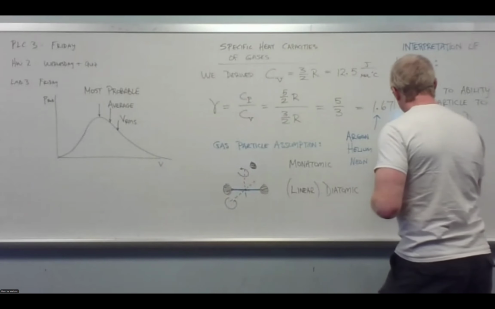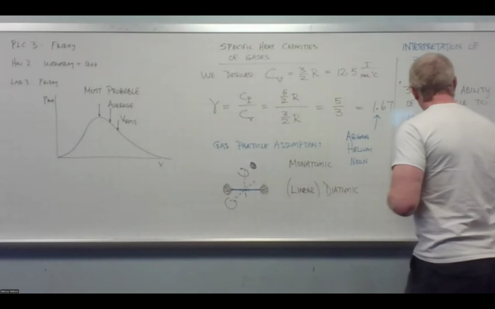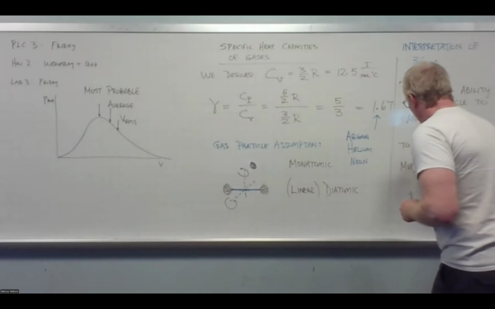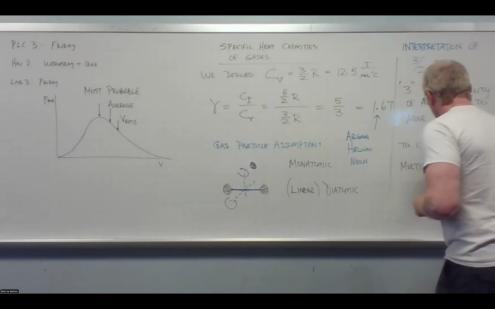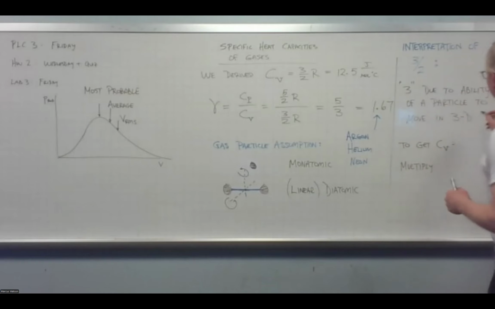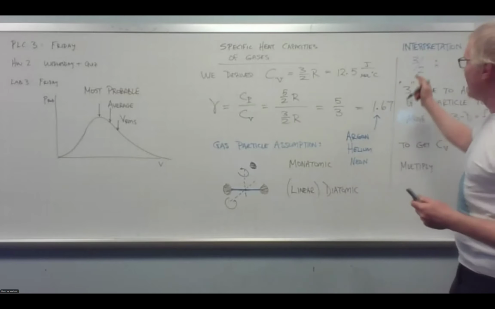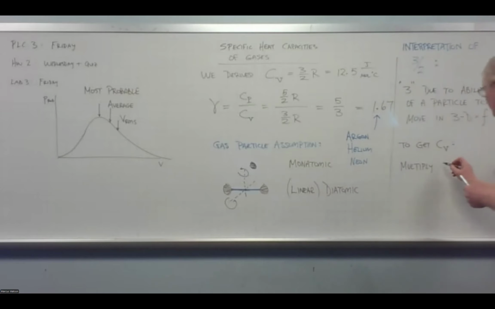So to get CV, we multiply, let's call that number like F or something. Due to the ability of a particle to move in 3 dimensions, we'll call that the ways that it can store energy. We'll call this F, we'll call that 3 right here. So multiply F by 1/2 R.